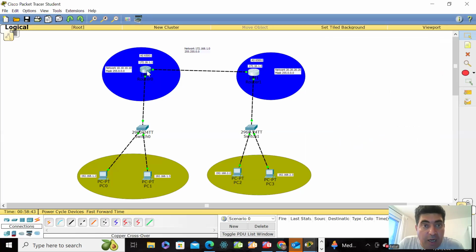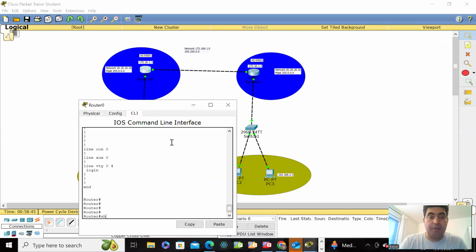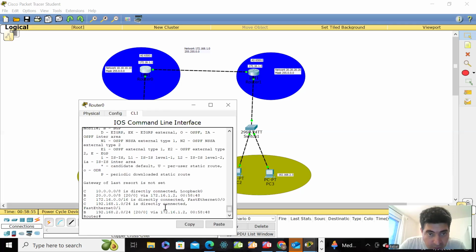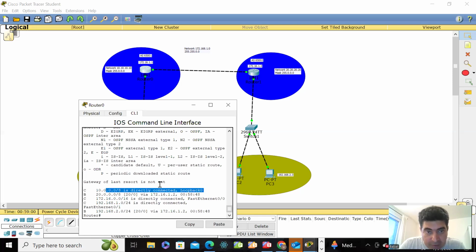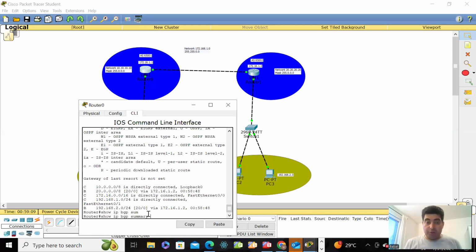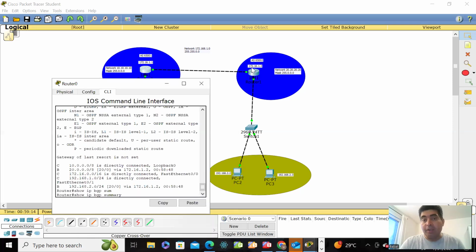Now I'll check the show ip route command on the other router, and BGP is working fine. Yes, it's absolutely working fine. There is no problem. Now show ip bgp summary shows the neighbors, because I'm here and my neighbor is 172.16.1.1.